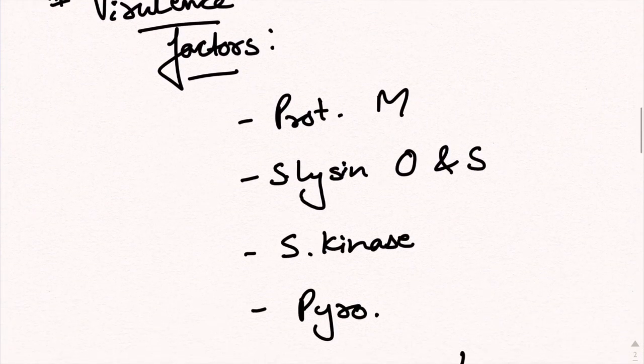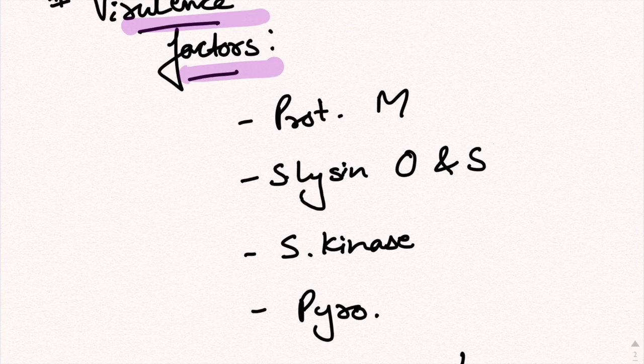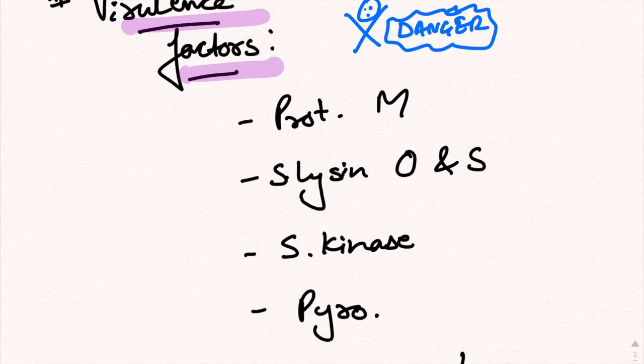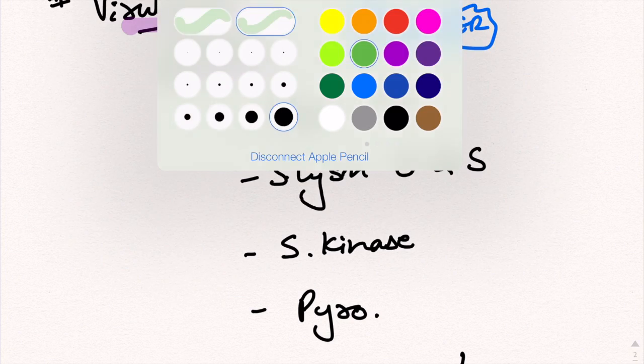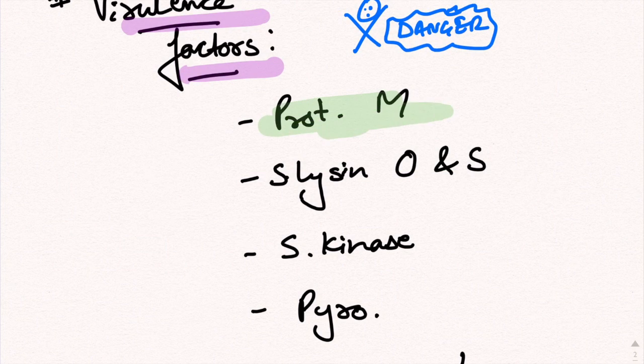So let's move on. There are a few virulence factors, which is basically what gives virulence to the bacteria, like what causes harm to you in simple terms. For Strep pyogenes, it's M protein, and then it has streptolysins, like streptolysin O, which are used in the lab to test antibodies against these streptolysins, to figure out infection with Streptococcus pyogenes.